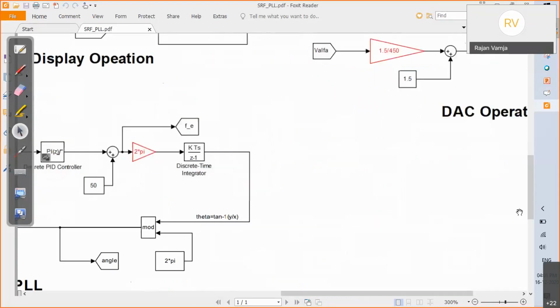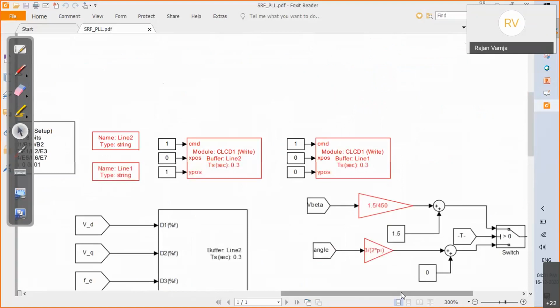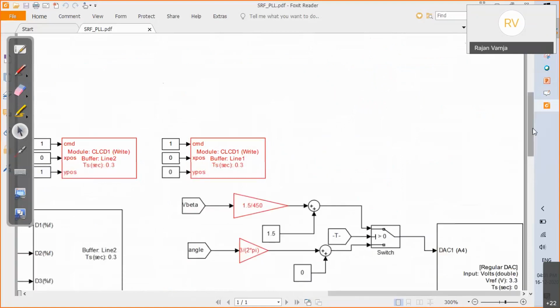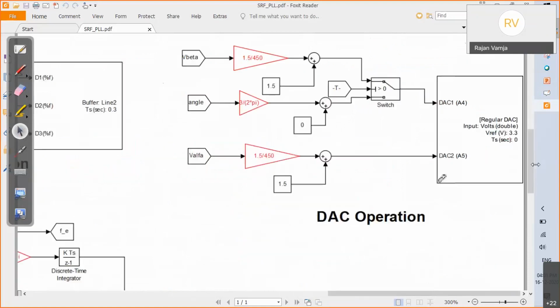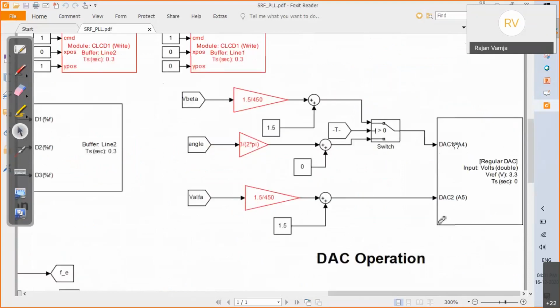So it is also very simple. This is not a conventional one.